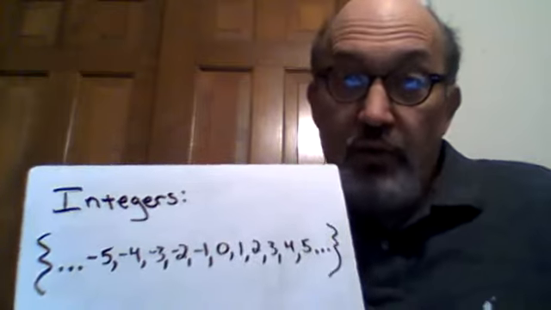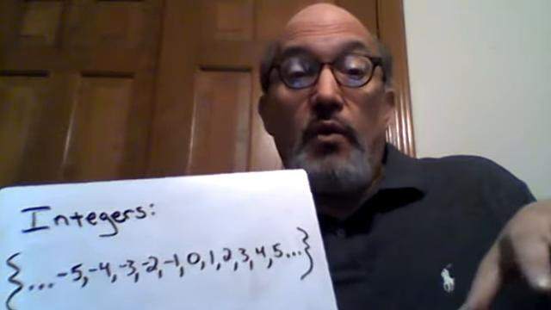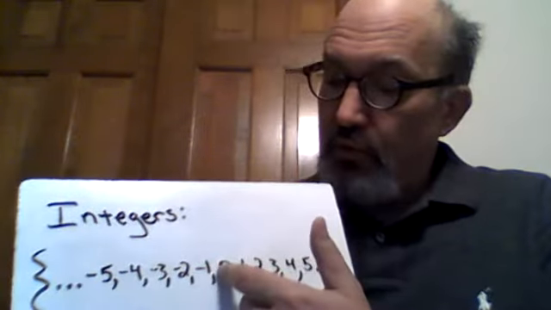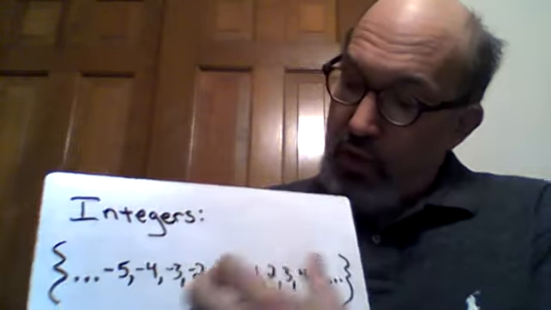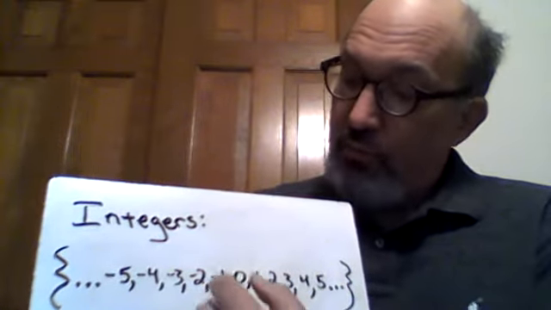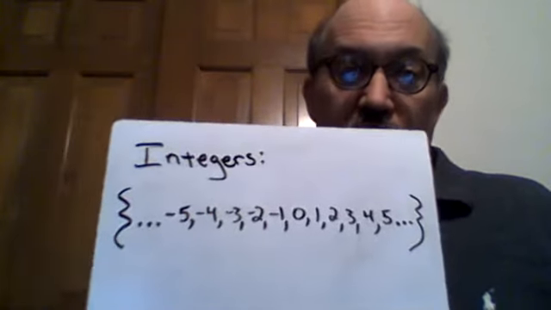And then when we get into middle school, or a little earlier maybe, we realize that there are the opposites of the natural numbers. 0 is its own opposite, of course. And then if you include, along with the whole numbers, the opposites of the natural numbers, -1, -2, -3, and so on, you have what are known as the integers.